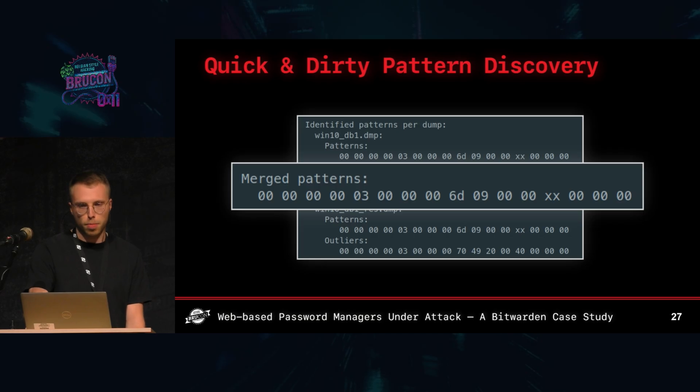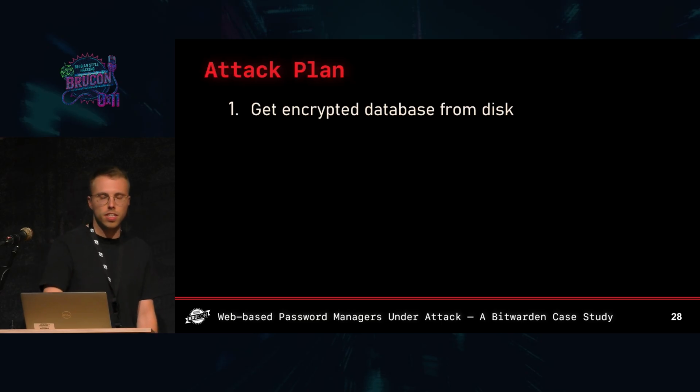And so the attack plan here is first to get the encrypted database from disk. This should be done easily because it's in the local storage, stored in an accessible file.